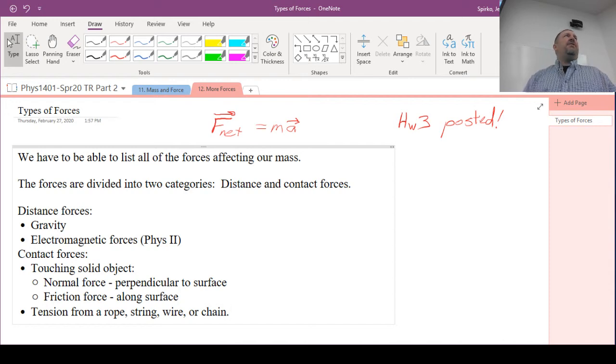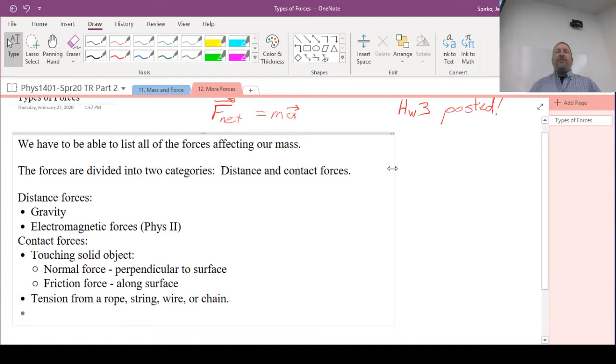In a sense, the tension force is a little more flexible because it can be in any direction. But usually you get to see what the string looks like or what the rope looks like. So you have a pretty good idea of what direction the force is going to be, because ropes can only pull on things. You can't push on a rope. A rope isn't going to exert a sideways force unless the actual rope is pointing sideways.